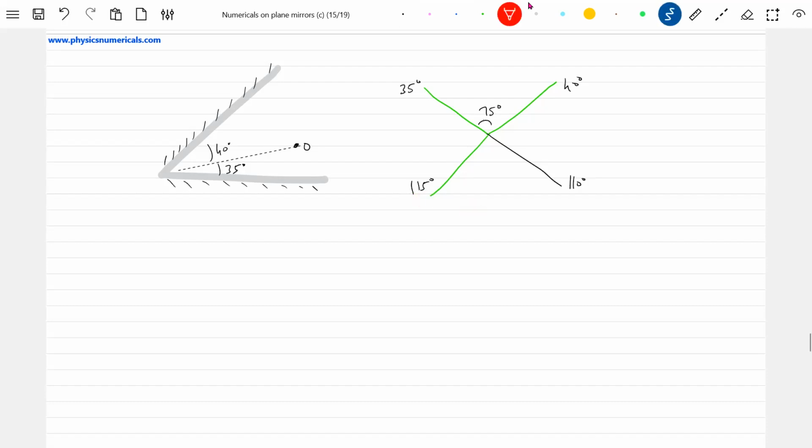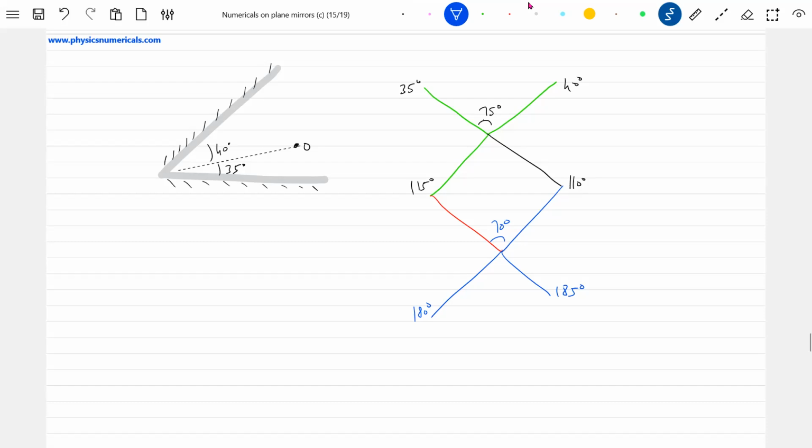Then again, I should go for the next. The angle between the mirrors is 75. 115 plus this angle will be 190, not possible. This will be 180. So how many images?